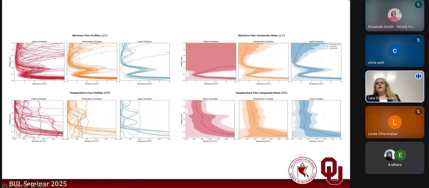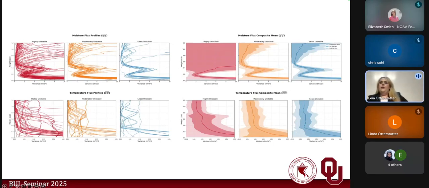And then continuing on, these plots show how moisture and temperature fluxes vary with instability. So in the left panel, individual profiles are grouped by instability regimes for the highly, moderate, and weakly convective, or yes, unstable. And under the highly unstable conditions, the fluxes are stronger, and the weakly unstable cases, they are weaker.